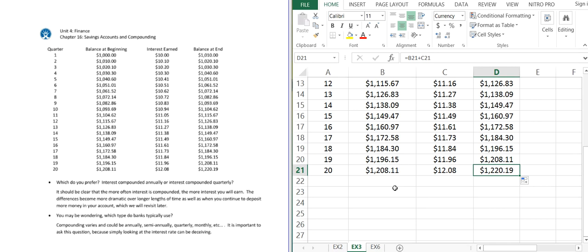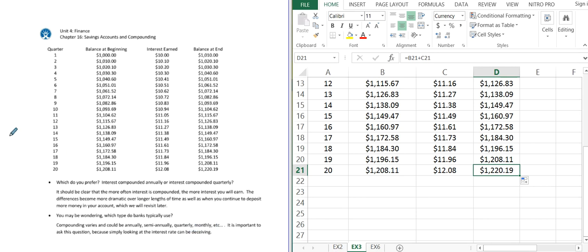So essentially, the more times that they stop, figure some interest and add it into your balance, that base amount has gotten bigger. And so the larger that base amount is, that's going to lead to larger interest amounts. So the more often that they do that, the more beneficial it is for an investor, for us, if we're saving.